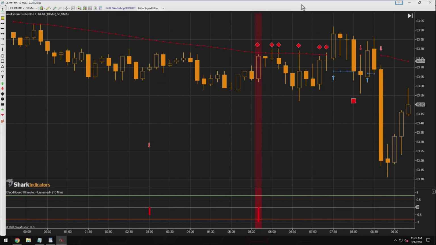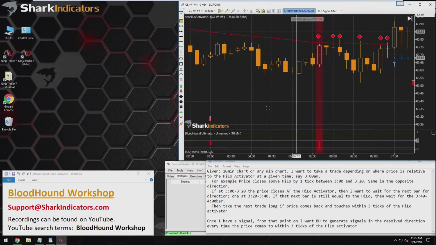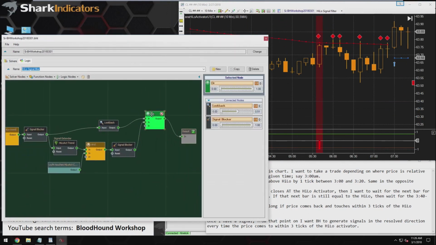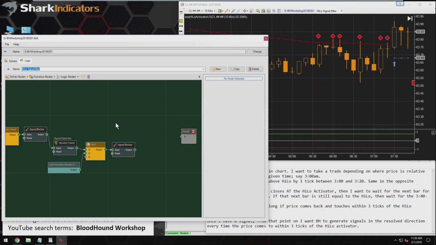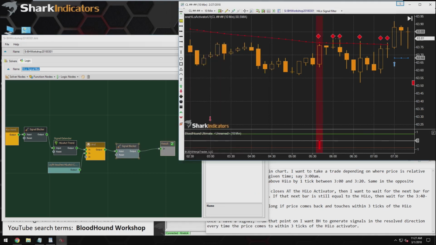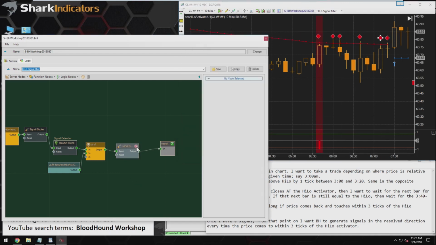So we can see that basically when I put that signal blocker in, it only allowed the first signal through. So we will have to make some adjustments to this. I actually don't need this logic anymore, so let's get rid of that. This signal blocker is preventing all these additional bounces afterwards, so we're going to have to scrap the signal blocker.